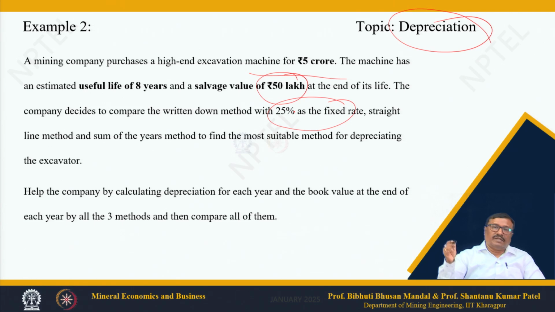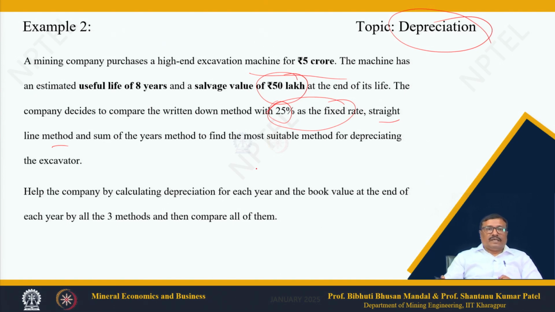Now, we are not calculating by 1 minus s by p raised to the power n, no. It is decided that we will be declining the value using a written down method, which is fixed at 25% rate, and the straight line method, and the sum of the years method, and then compare which is the suitable method, adopting their principles.